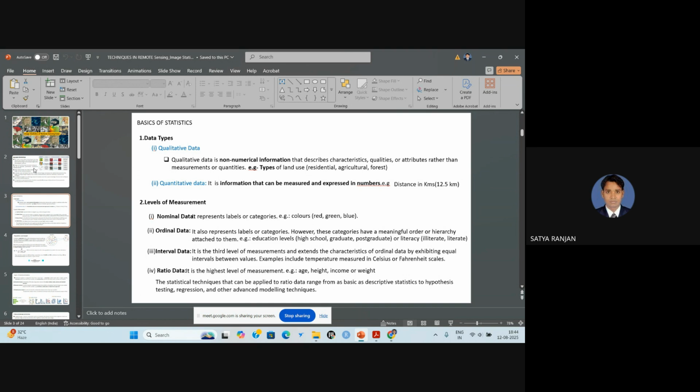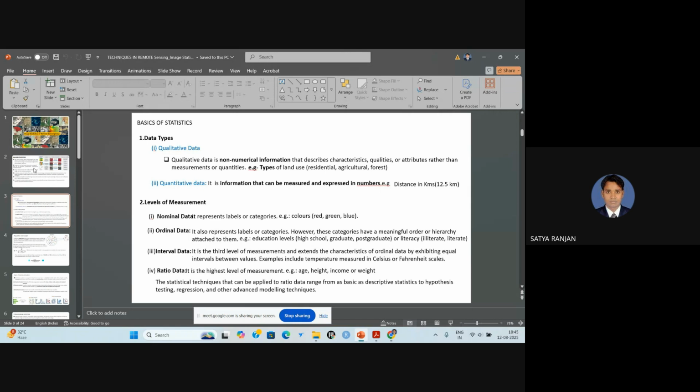Quantitative data expresses numbers, like the distance of one object from a river or forest area, and buffer analysis in GIS is quantitative data based information.